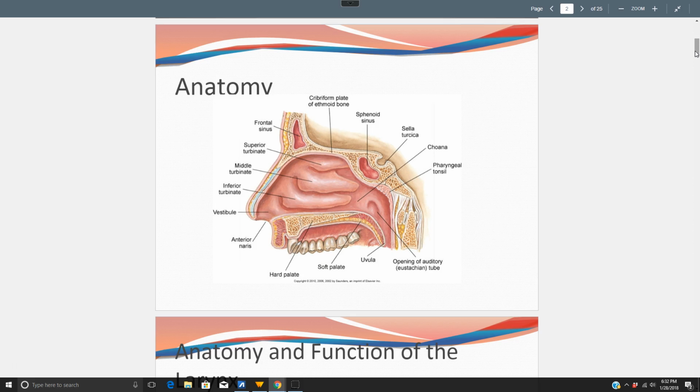Since we are talking about the upper airway anatomy, the one thing we always want to keep in mind is to be sure that the patient has a patent airway. So we are assessing proper gas exchange.